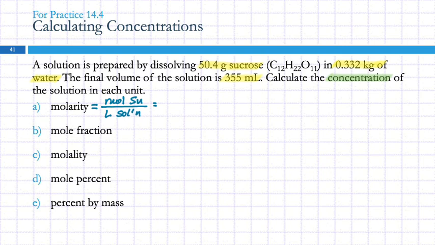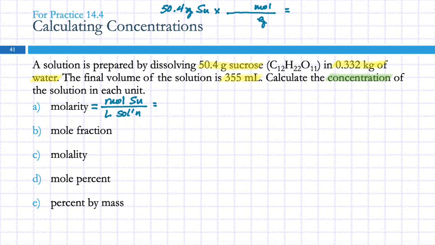Okay, so did they give us moles of sucrose? No, they did not. They gave us grams, but we can do that conversion. So 50.4 grams of sucrose, and then I'm going to put my conversion factor here. I want to multiply by moles and divide by grams, and then the grams are going to cancel out. And I need the molar mass of sucrose, so I'm going to calculate that quickly.